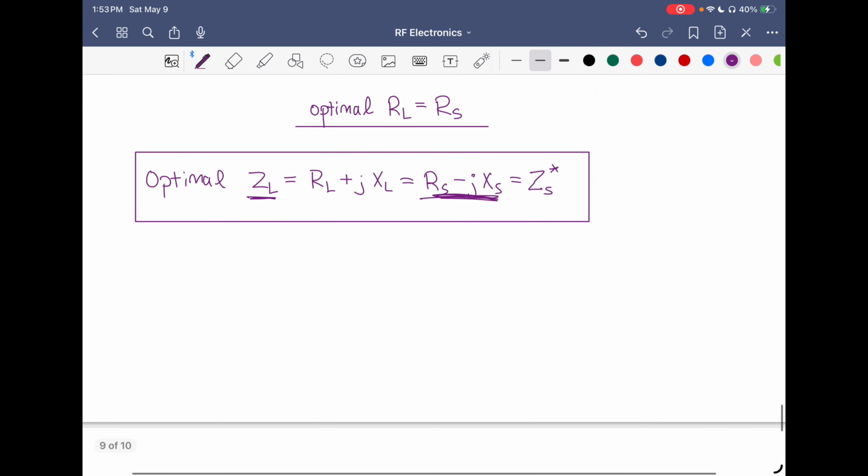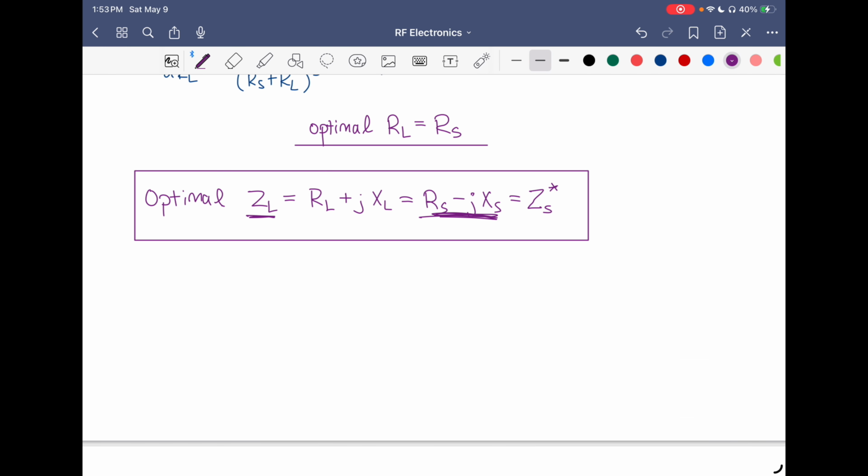And if we substitute this expression of ZL into the circuit, then we'll see that the total impedance, which we know is equal to ZL plus ZS, where here we're using ZS star as the optimal complex conjugate of the source impedance as our optimal value.